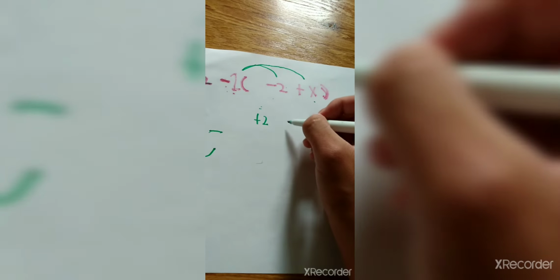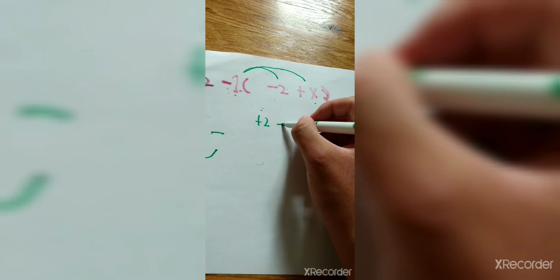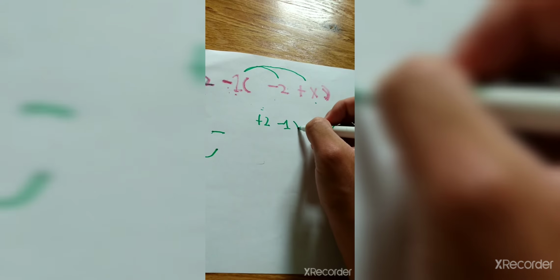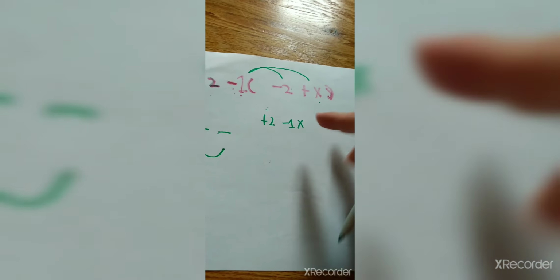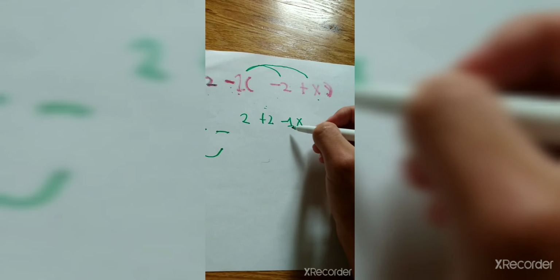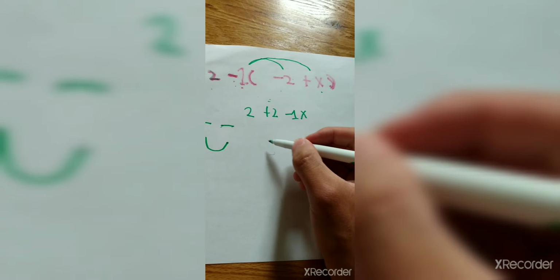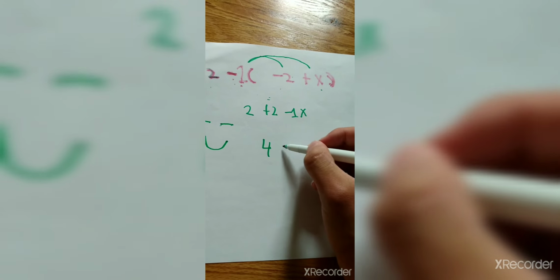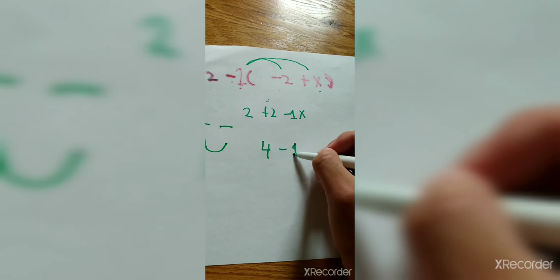Then we have another number we have to multiply: -1 multiplied by x. So that'll become -1x. Then we no longer have parentheses. We have 2 plus 2 minus 1x, or the simplified version, 4 minus 1x.